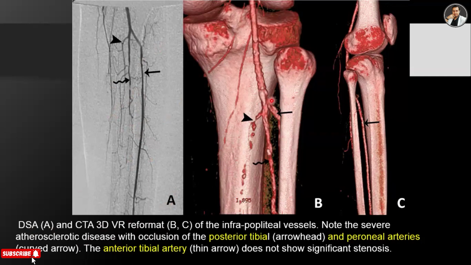These are VR images, and what we see is the infrapopliteal vessels. There is severe atherosclerotic disease with occlusion of the posterior tibial artery. And the peroneal artery is there. This is the peroneal artery occlusion.